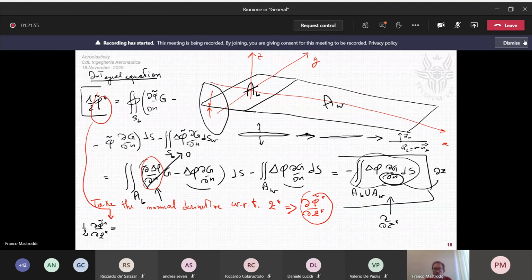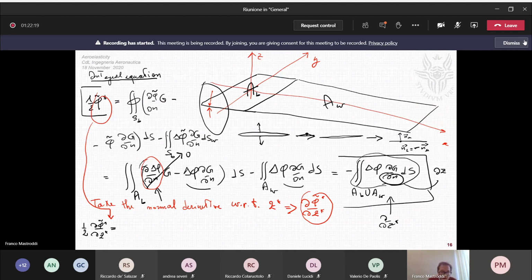So when you take the derivative with respect to zeta star, the only quantity depending on the star variable is G. Only G is dependent on star quantities.